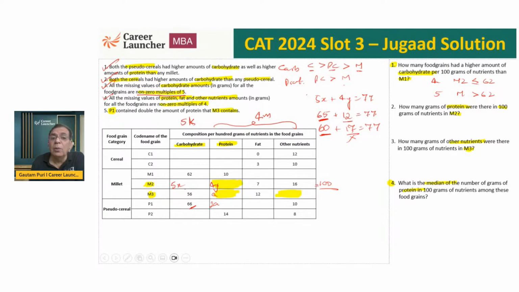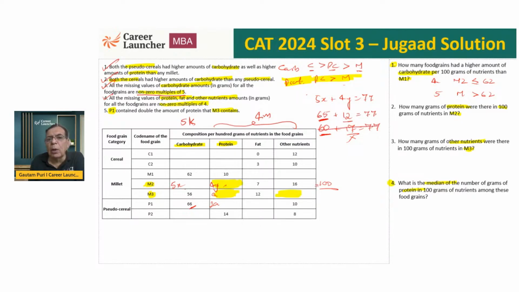Also, this has to be less than 14, because pseudo cereals have more protein than millets. So 4y cannot be more than 14. M2 is a millet, so its amount of protein should be less than that of pseudo cereal P2, which is 14.